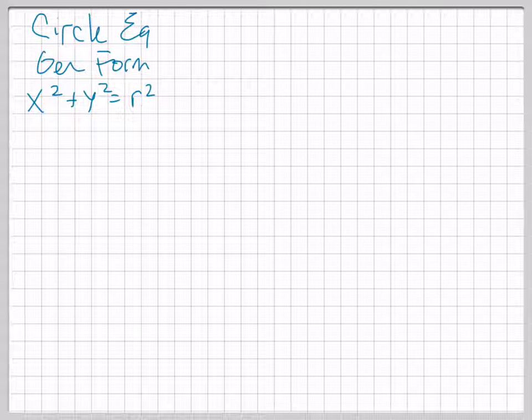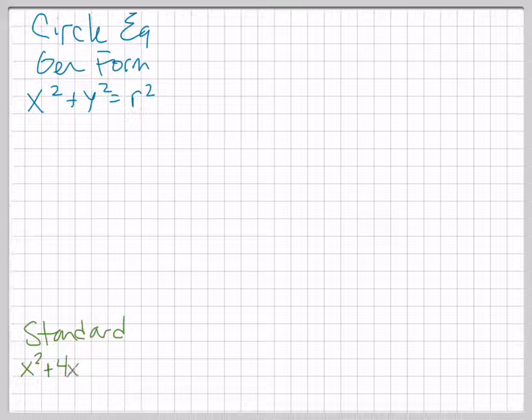But another way we can write the form of a circle is in standard form. Typically what happens is we're going to get x squared plus 4x plus y squared plus, we'll say 6y minus 17 equals 3.